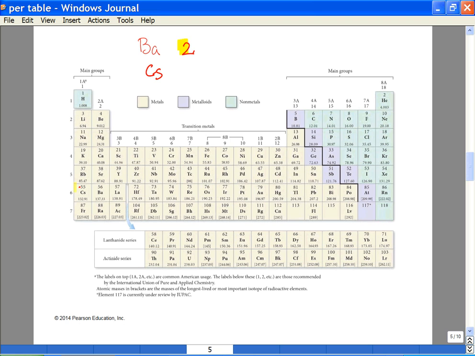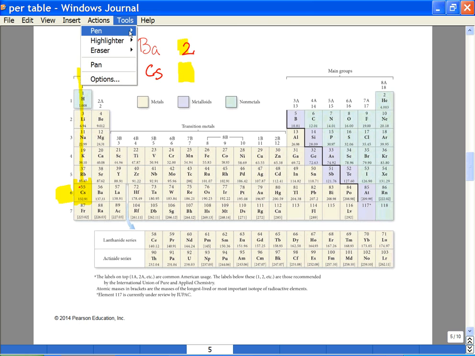Cesium is in the S block here, in row 6. It corresponds to the block that has 1 electron. So cesium has one electron in its valence shell.